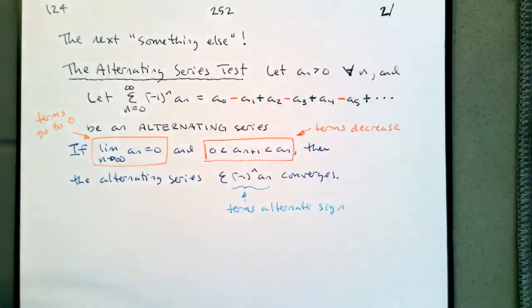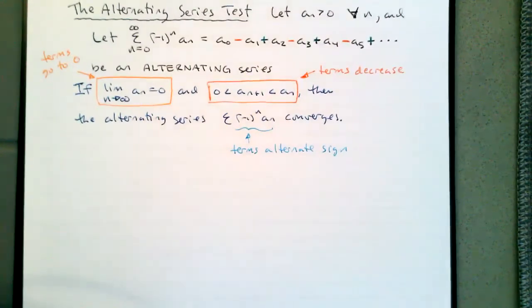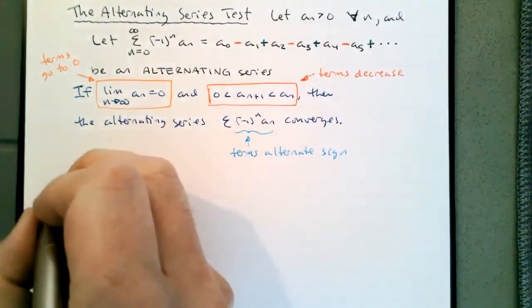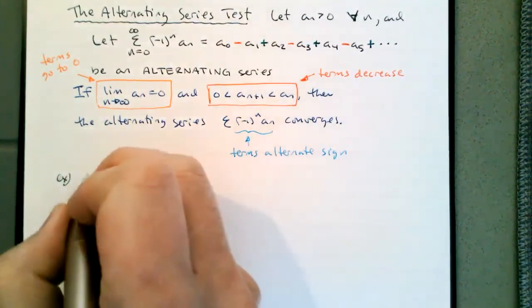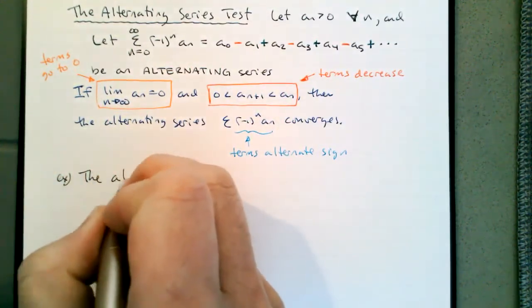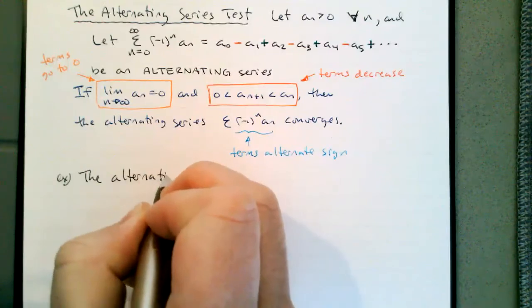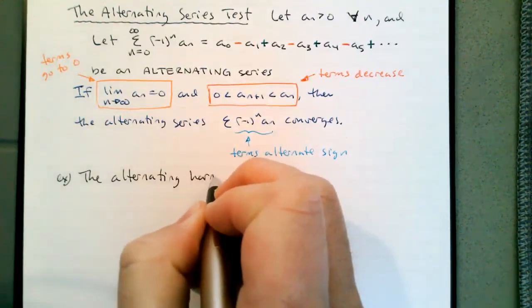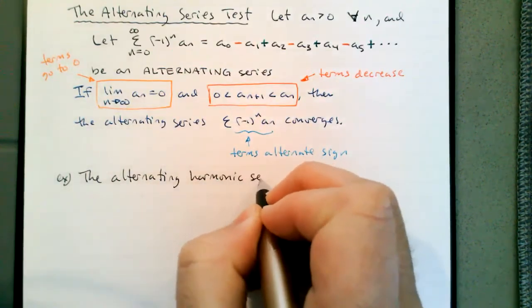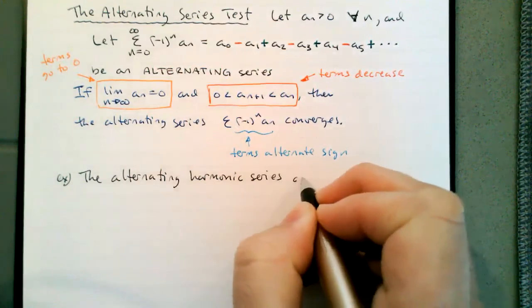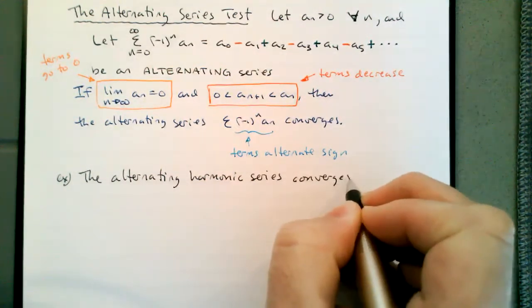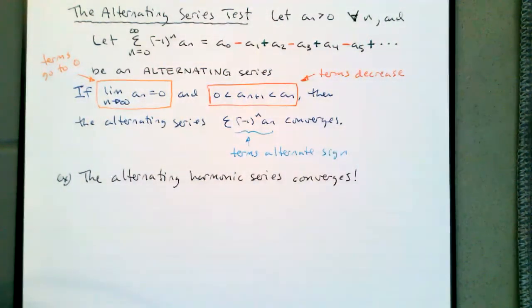So our primary example of the alternating series test is the alternating harmonic series. The alternating harmonic series converges.